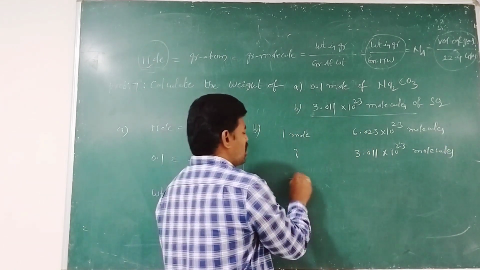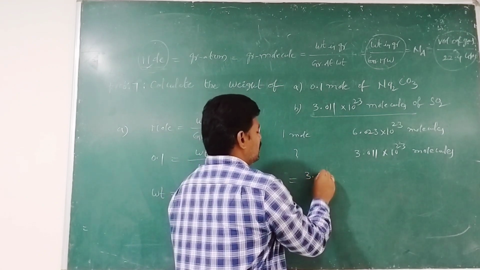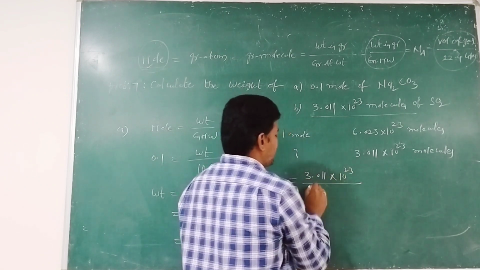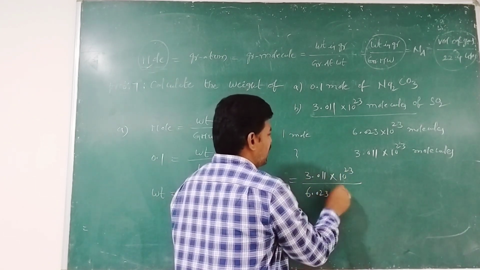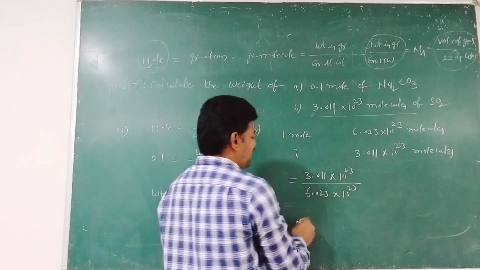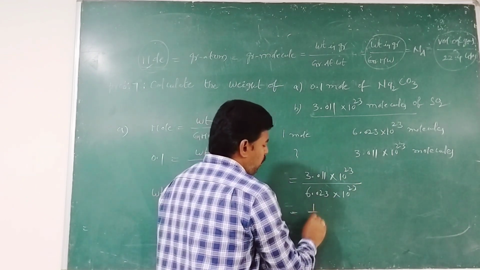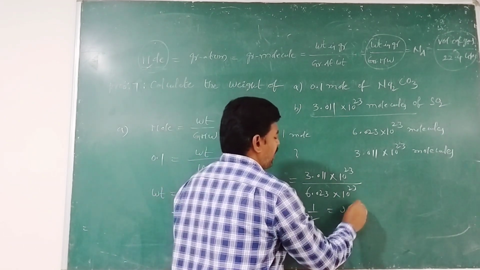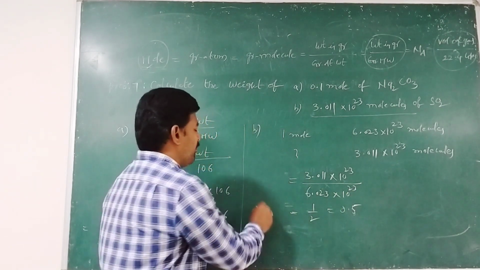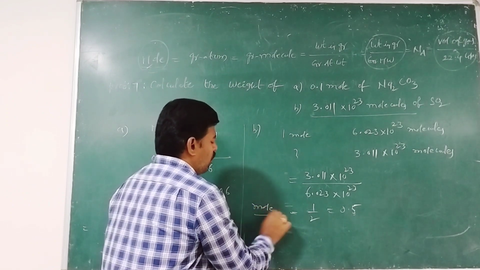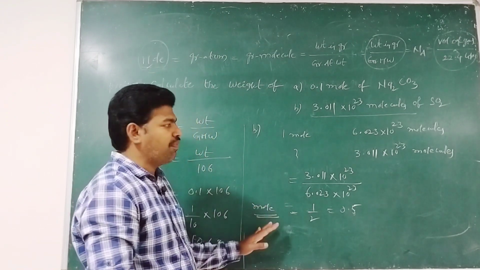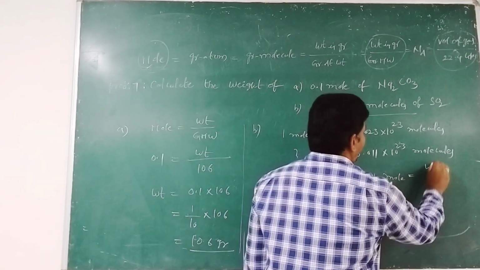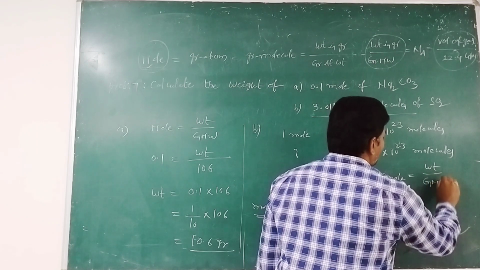It is just cross multiplication. 3.011 into 10 to the power of 23 by 6.023 into 10 to the power of 23, which comes out to be 1 by 2, which is equal to 0.5. Okay, we know the number of moles, and we know mole is equal to weight by gram molecular weight.